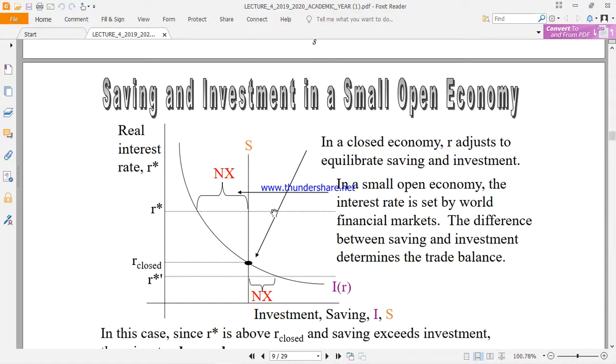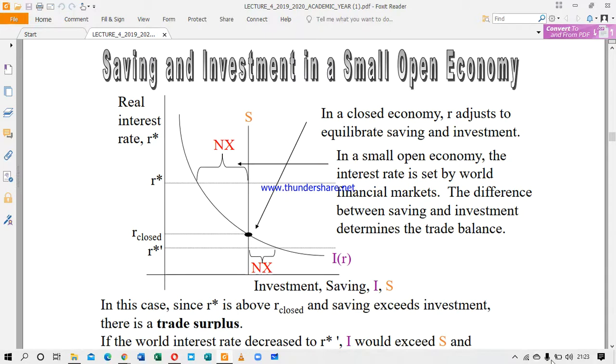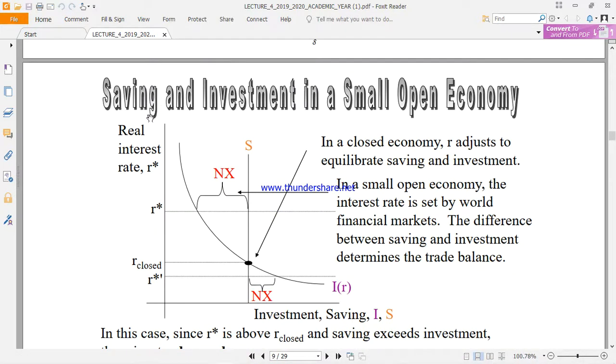Now, let's try to do this because of the 7 minutes. So let's look at savings and investment in a small open economy. Let's first try to analyze what is happening here. As usual, the investment function is negative.